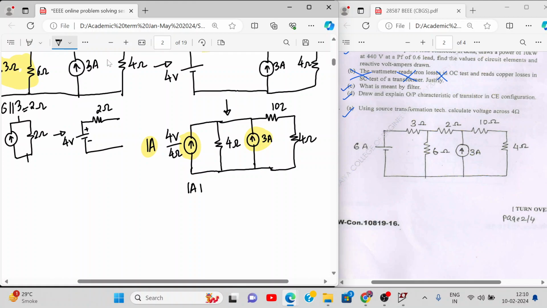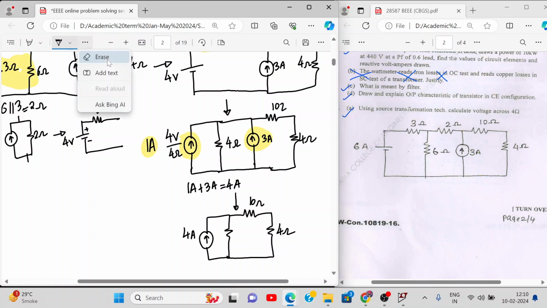So 1 ampere plus 3 ampere became 4 ampere. So what do I get now? 4 ampere, and then the rest of the circuit follows. This is 4 ohm, and this is 4 ampere.